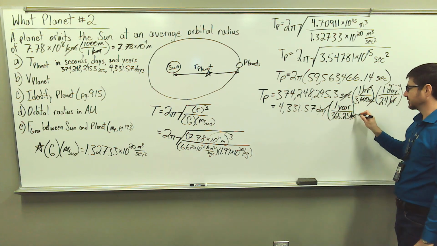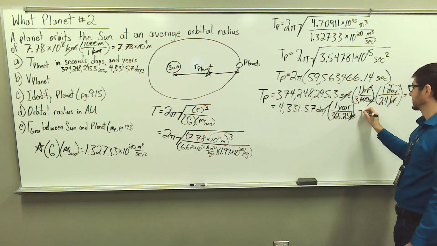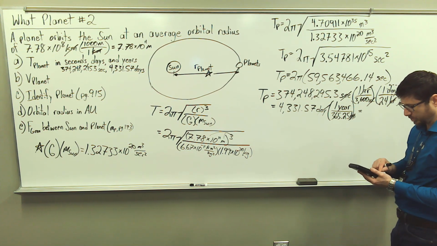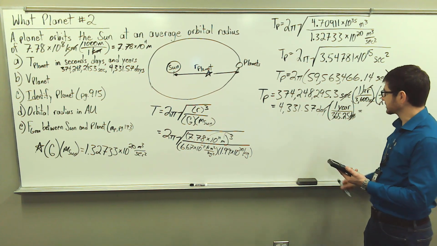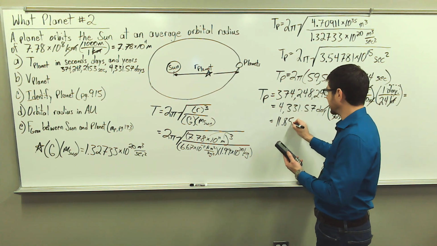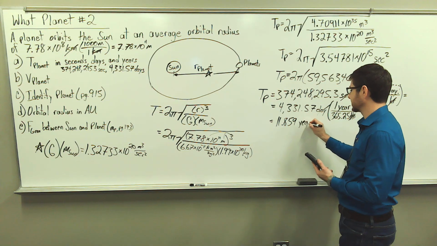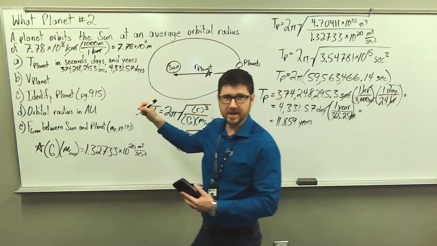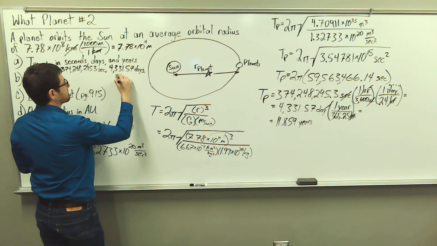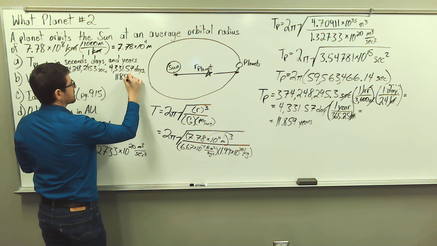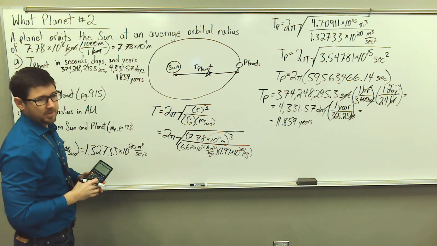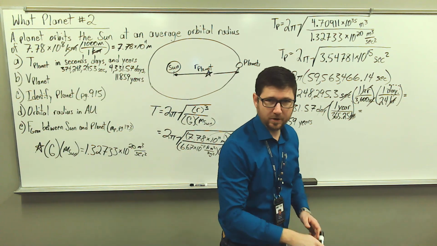As you can see, our units of days will cancel. And so we're dividing this value by 365.25. And that's going to give us 11.859 years. And I'm going to write this value over here. Okay? All right, so that takes care of part A.